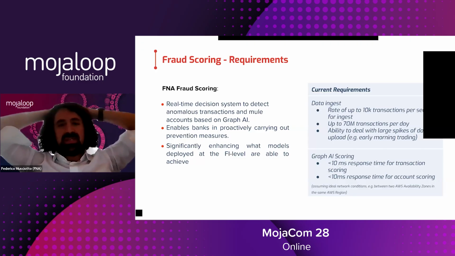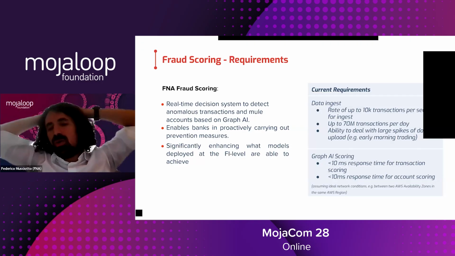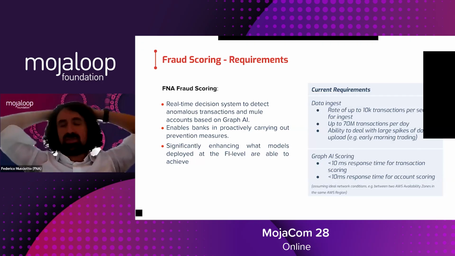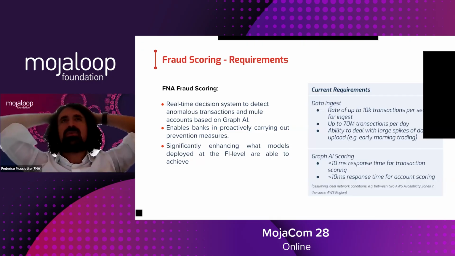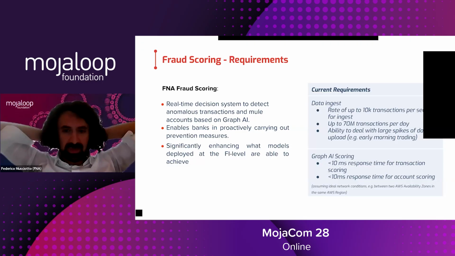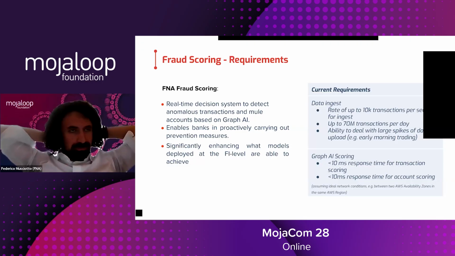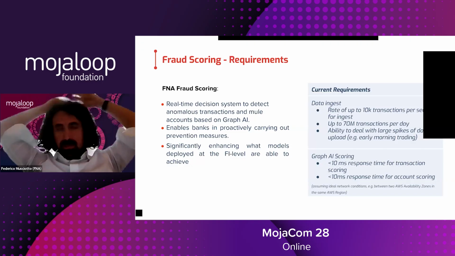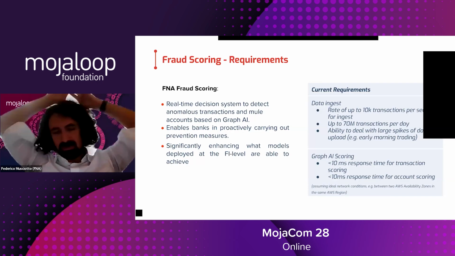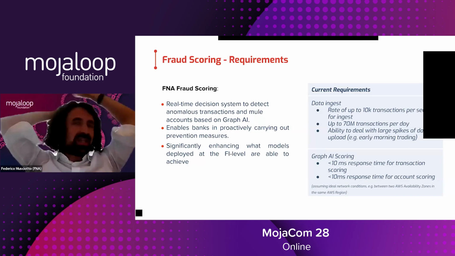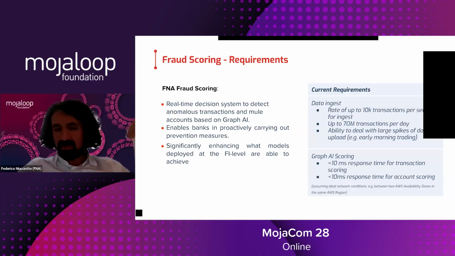We know very well that TPS is not constant during the day, so we need to accommodate the high traffic periods, and that is something we're aware of and incorporate in the way we build our system. All of this is to enable fast, low latency scoring that, without focusing too much on the specific threshold, is compatible with a real-time payment settlement operation.